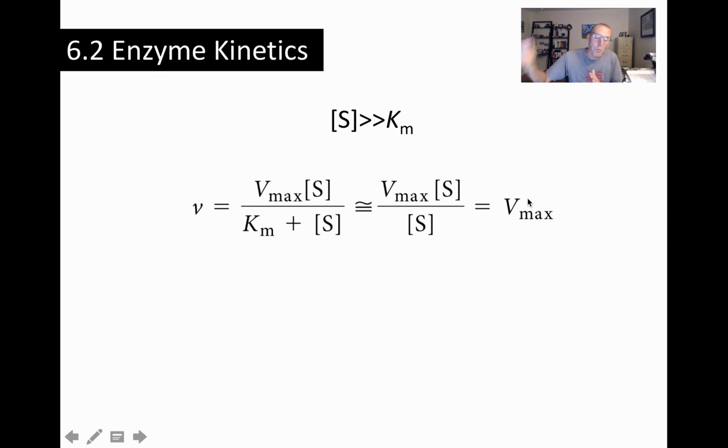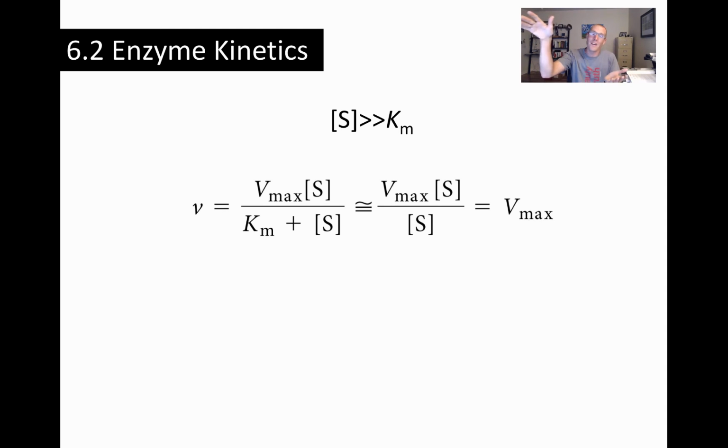Let's take the extreme opposite example, where the substrate concentration is much, much greater than the Km. These 2 arrows mean greater than, and if they're the other way around, they mean less than. So the substrate concentration is much greater than the substrate concentration at half the maximum velocity. In that case, the Km becomes negligible relative to S, and so at very high substrate concentrations, the initial velocity of the reaction doesn't depend on what S is. As S varies, it doesn't have much impact on the velocity.